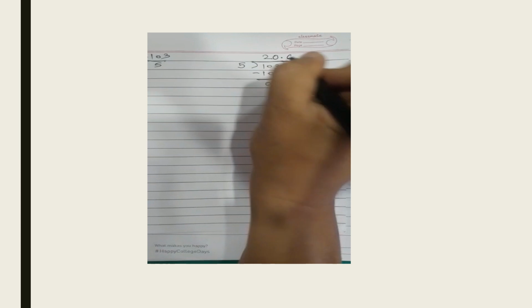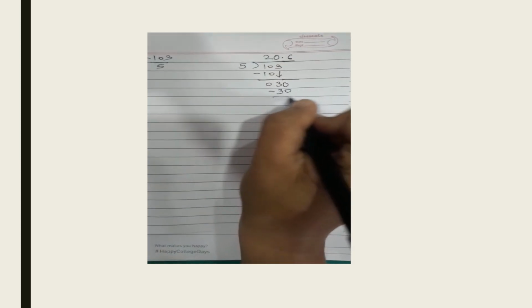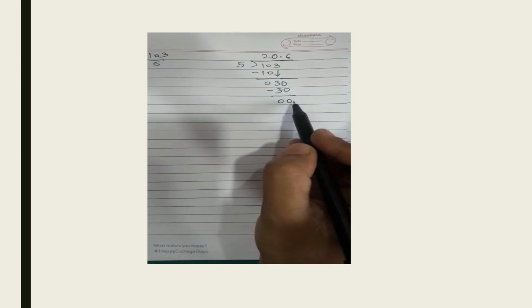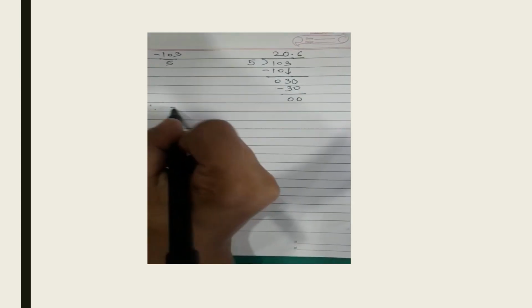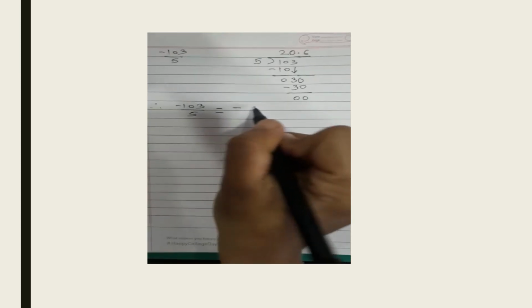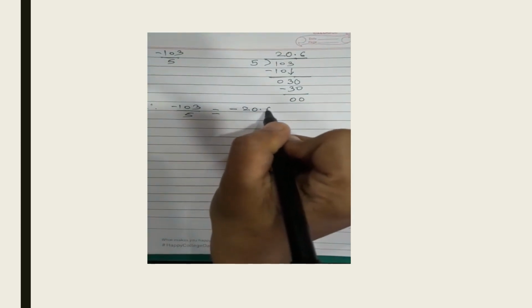Then 5 sixes are 30. Remainder is 0. So the process of division terminates here, and we get minus 103 upon 5 is equal to minus 20.6.